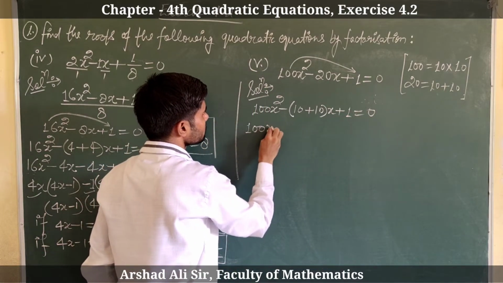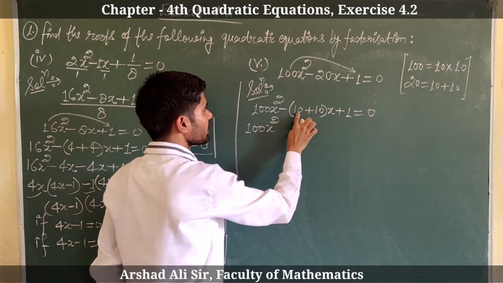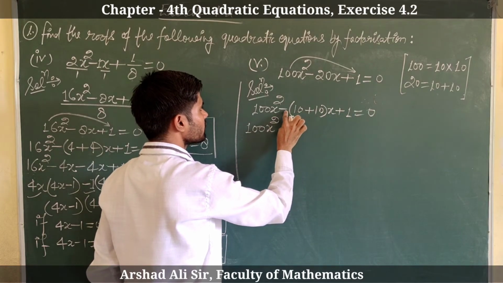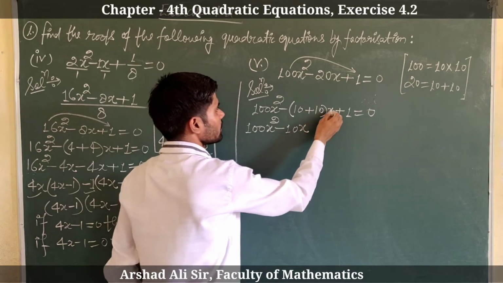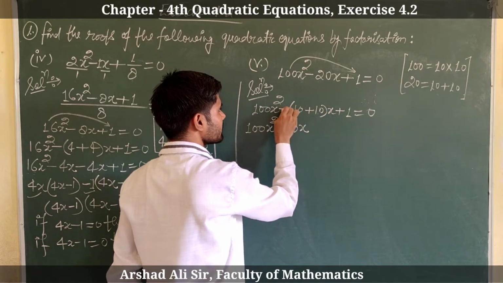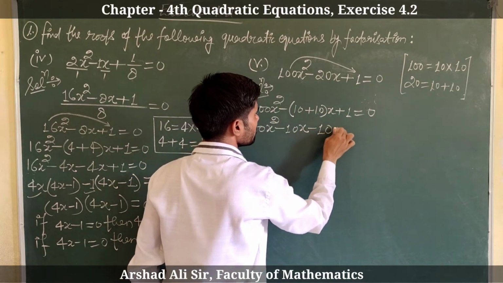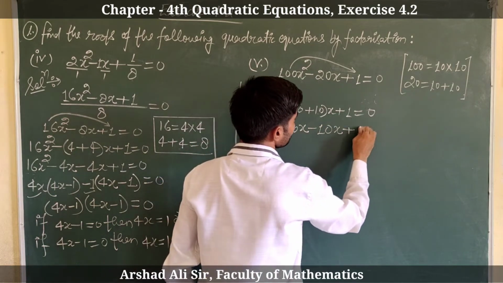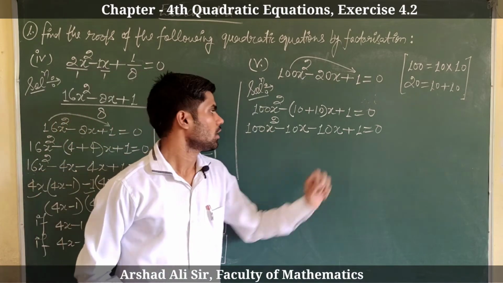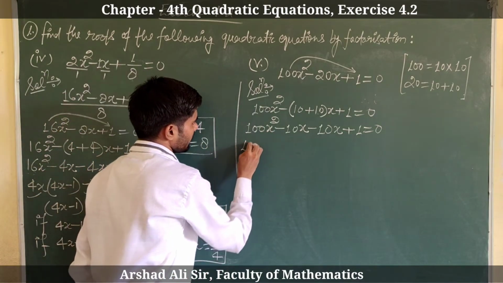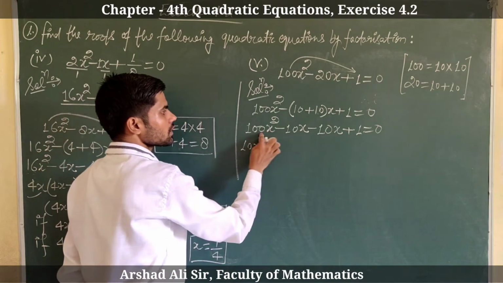Now 100x square, x multiply 10, this will be 10x, and this side this will be negative 10x. X multiply 10 is 10x, and this is a negative sign, means this will be minus 10x, plus 1 is equal to 0. Now we have these four terms. We can take 10x as a common from first two terms.